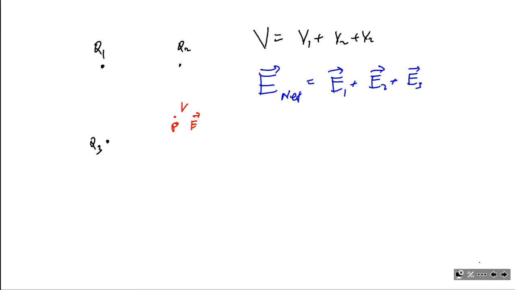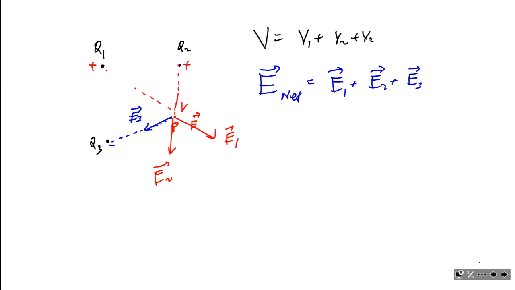So let's say, just for the sake of a specific example, positive, positive, negative. In that case, how do we draw vectors? Away from a positive charge, E1. Away from a positive charge, E2. And toward the negative charge, E3.